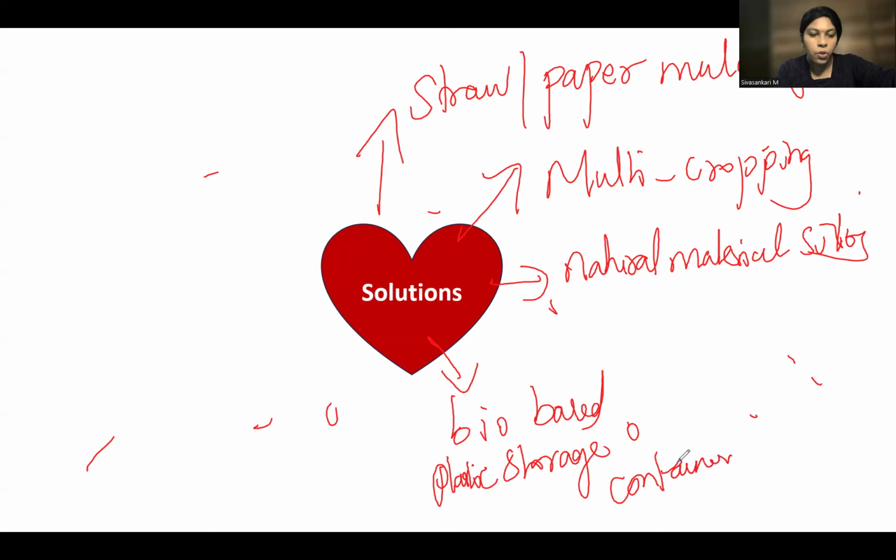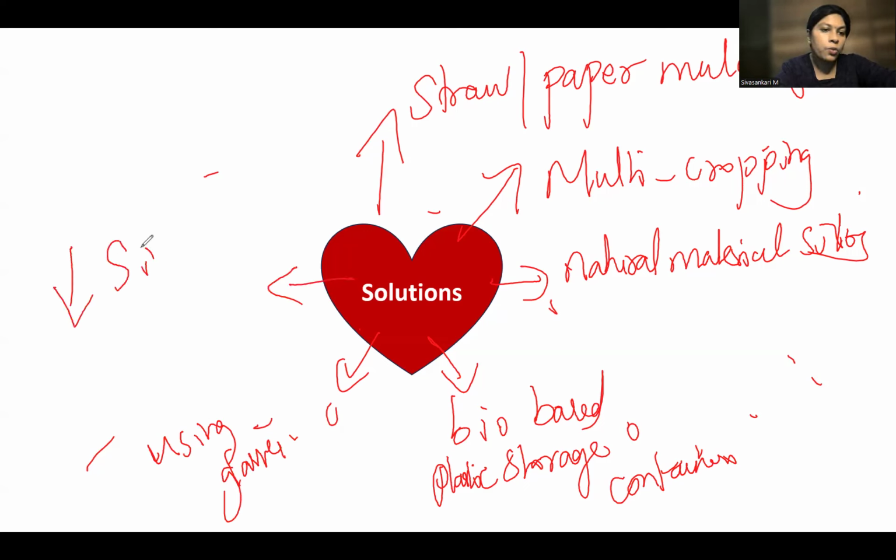Then you can also use polyhouses, greenhouses, we said. So instead of using PVCs and all, you can use glass. That is another big solution. Then at least try to reduce the single-use plastic in agriculture. Slowly, gradually, we have to come out of plastics in agriculture.